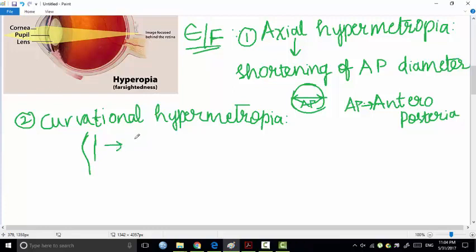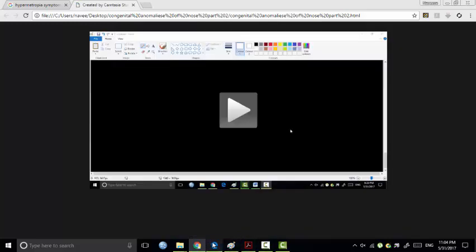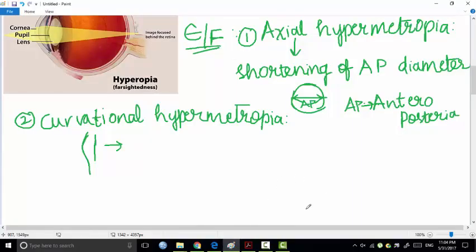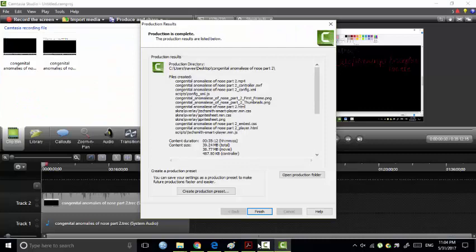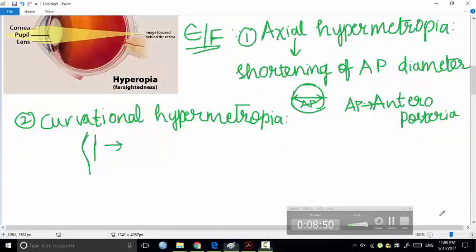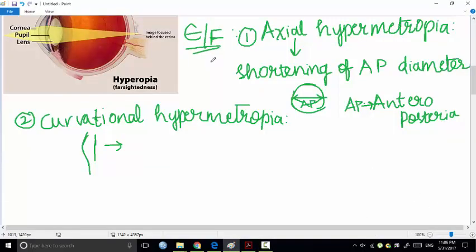Here basically the curvature of the lens and cornea becomes flatter.